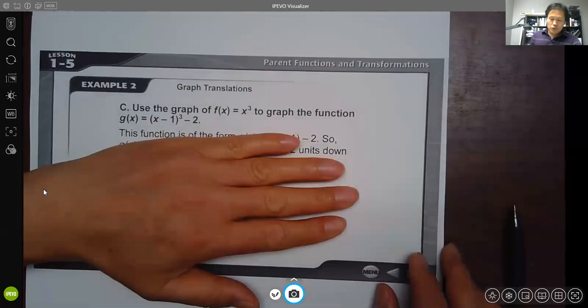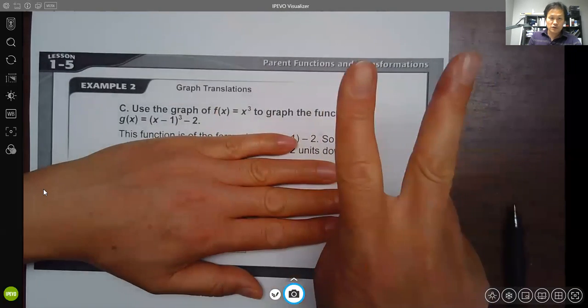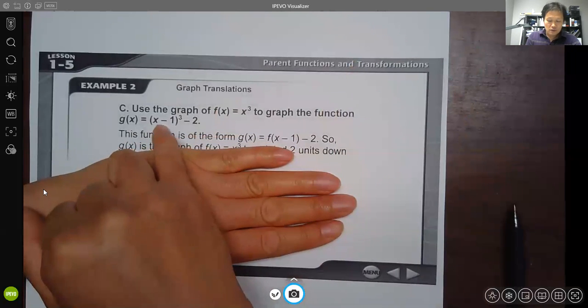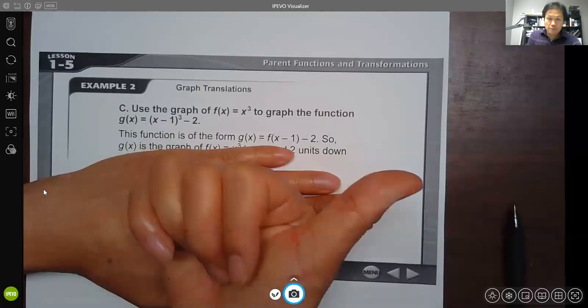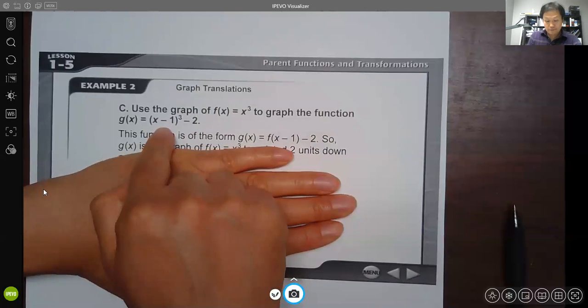Okay, so if I show you this versus this, we have two transformations. So I'm asking, what is minus 1 doing here? X can see minus 1? Yes. So it has a thing to do with x. Should we go right by 1, left by 1? Right by 1.